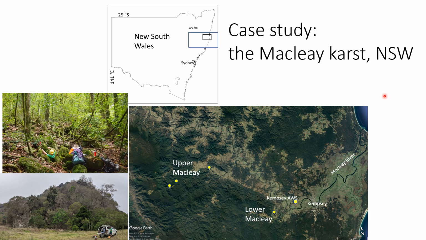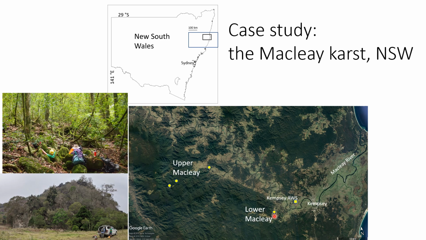And we have cave sites where we've used caves as observatories, and these are the yellow dots situated on the Google Earth image. Some are in the upper Macleay catchment, so this is in the rainforest headwaters of the Macleay catchment. That's the example from the top picture here. You can just see the cave exit from one of the caves for scale.